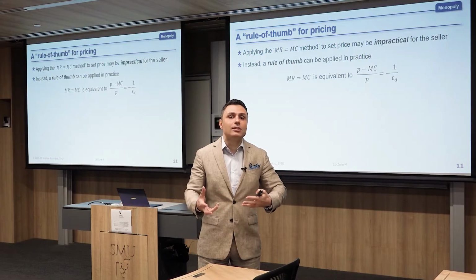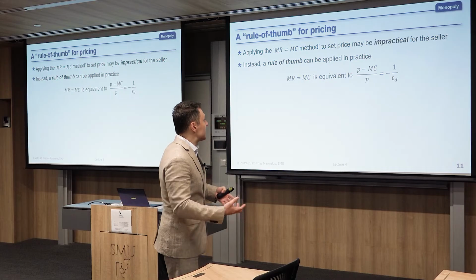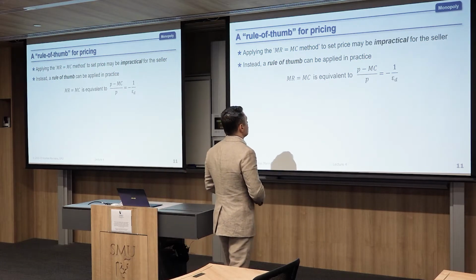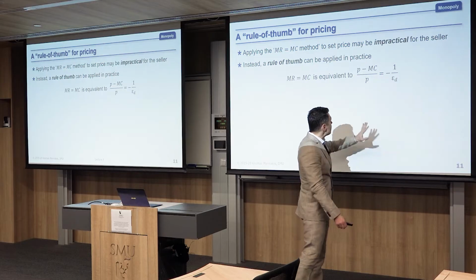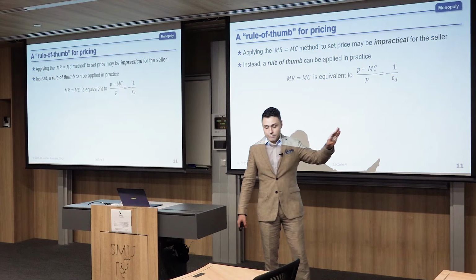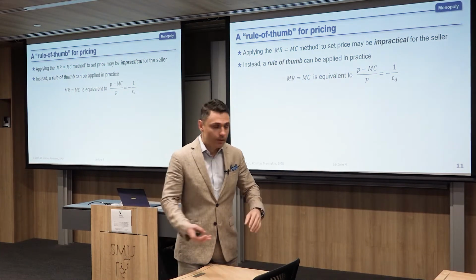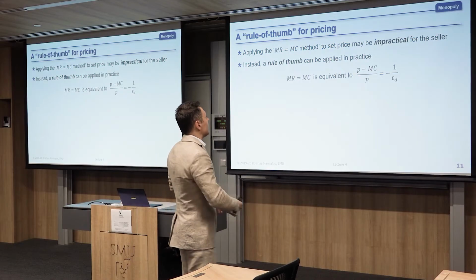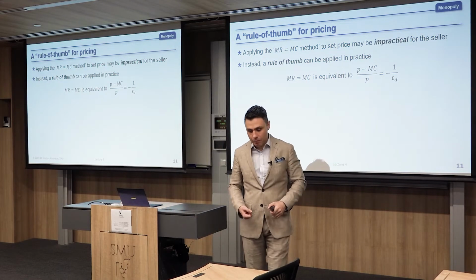It was a percentage difference. So here, this percentage difference is actually our profit margin. So the left-hand side, LHS here, stands for profit margin. And the other side is the 1 over the elasticity of demand.